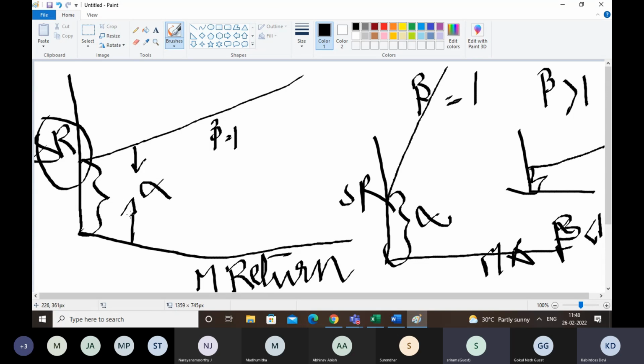This is the alpha point, where whatever may be the market risk, the stock will not get affected. Only beyond the alpha point will the stock start reacting in line with the market, with the systematic risk. So here the stock return is independent of the market return.